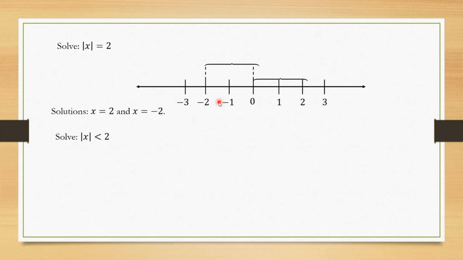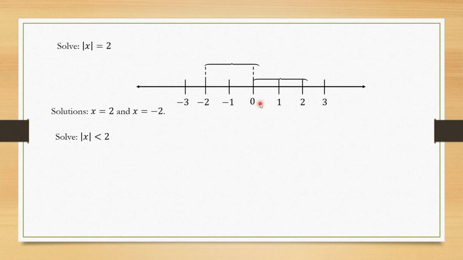Is 1 going to satisfy that? Yes, it is. 1 is less than 2 units from 0. What about -1? That also satisfies it. -1 is less than 2 units from 0.